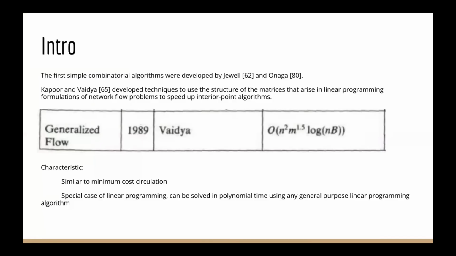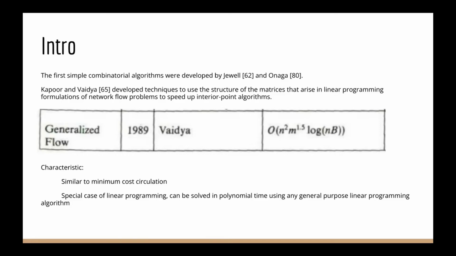The intro of the generalized flow problem. The first simple combinatorial algorithms were developed by Dresner and Onaga. Kapoor and Vaidya developed a technique to use the structure of the matrices that arise in linear programming formulations of network flow problems to speed up the interior point algorithms.